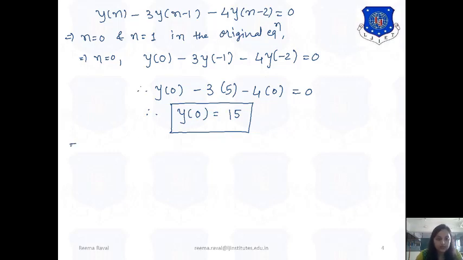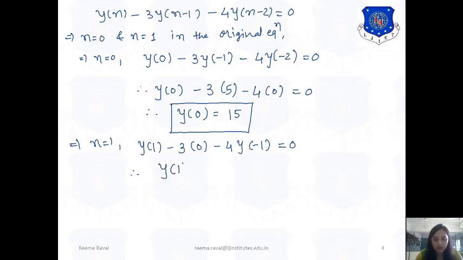Now we will place n equals 1 in the given equation. So this will become y of 1 minus 3y of 1 minus 1, that is y of 0, minus 4y of 1 minus 2, that means y of minus 1, equals 0. Now we have already obtained y of 0 over here, that is 15, and y of minus 1 is already given to us, that is 5. So let us place these two values in the equation.